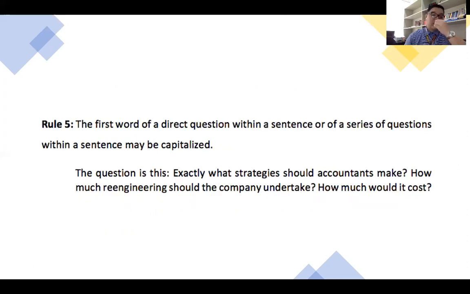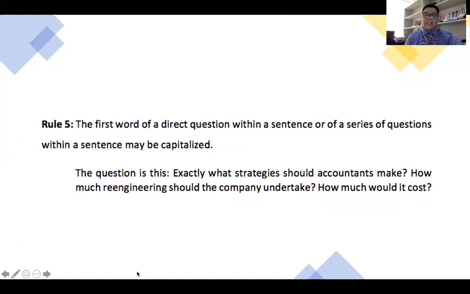Rule number 5. The first word of a direct question within a sentence or of a series of questions within a sentence may be capitalized. For example, the question is this: exactly what strategies should accountants make? How much re-engineering should the company undertake? How much would it cost? If you notice, there is a series of three questions in this sentence alone, and these are introduced by the punctuation mark colon.